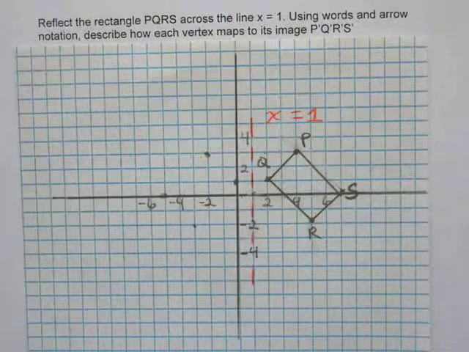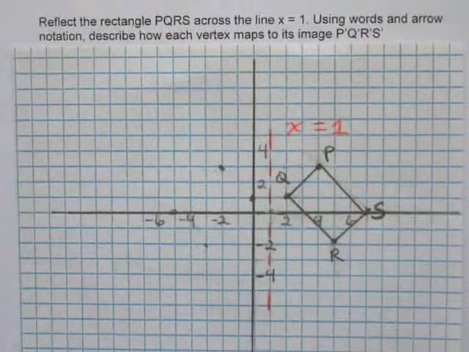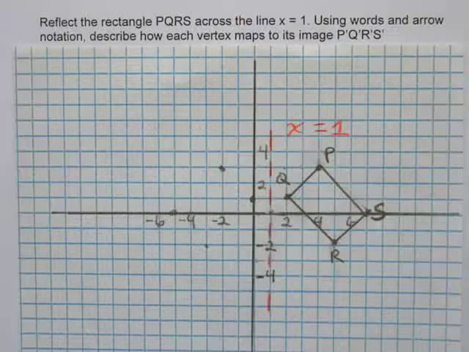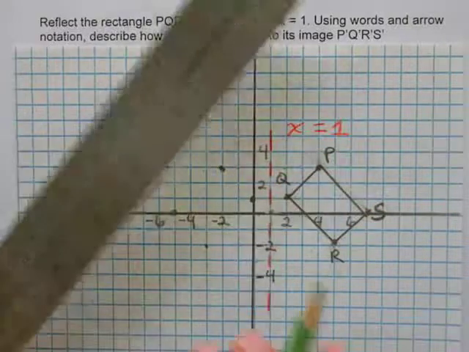I'm just going to try and make this a little bigger. Maybe I'll make it a little easier to see. And if you can see it, I've already put in my points for my reflection so that they would be easy for me to draw in. And I'm going to draw them in right now.